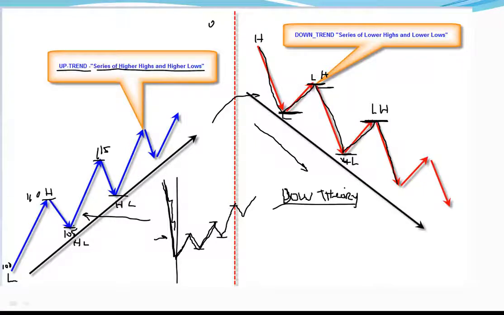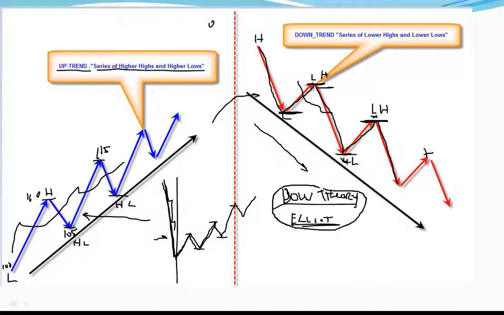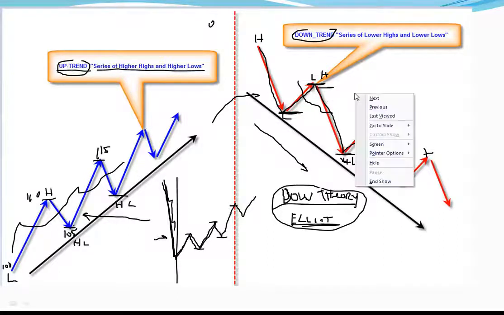And basically the Dow theory said that a series of higher highs, higher lows, and lower highs, lower lows establish a trend, and that the market should retrace a certain amount. But Elliott came in later on and started putting numbers and retracements and levels and zones and put structure around this theory. So this right here is a foundation of technical analysis. If you understand uptrend and you understand downtrend, you're ahead of the game.